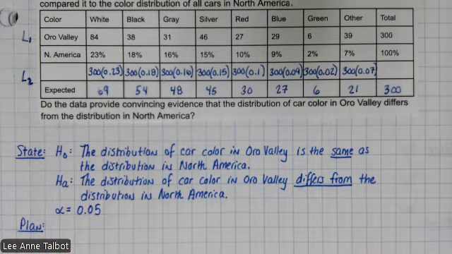This is not the only way to write the H0 and the Ha. I think this is the easiest way because I'm just copying off the problem. But what else could you have said? You could have said the distribution of car color in Oro Valley is the same as the claimed distribution. That's what we wrote on Friday. Or you could write P white equals 0.23, P black equals 0.18, P gray equals 0.16.